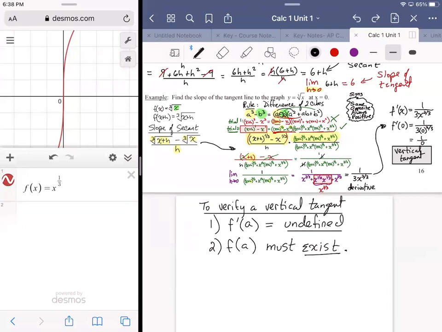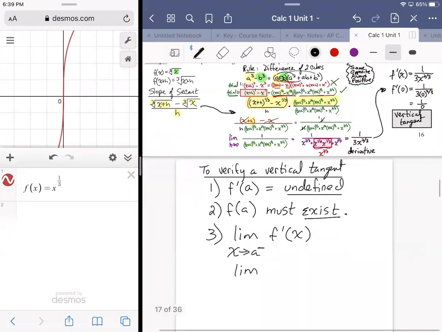So the third thing that you're going to do is find the limit as x approaches a from the left of the derivative function, and then the limit as x approaches a from the right of the derivative function.